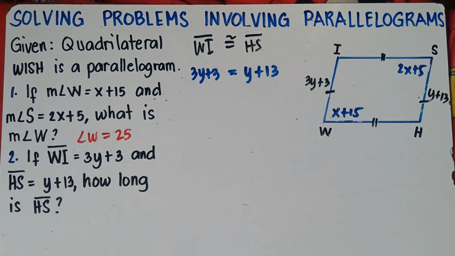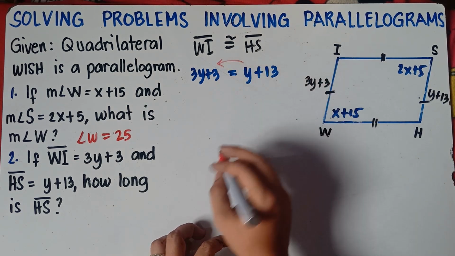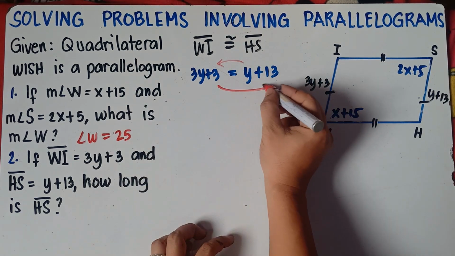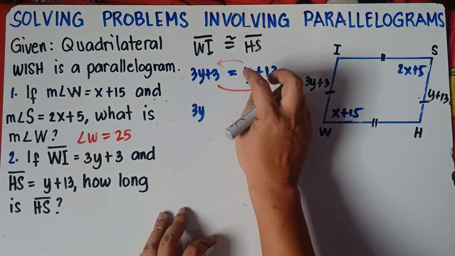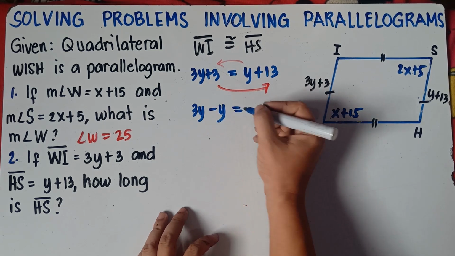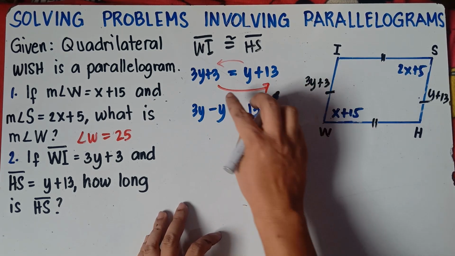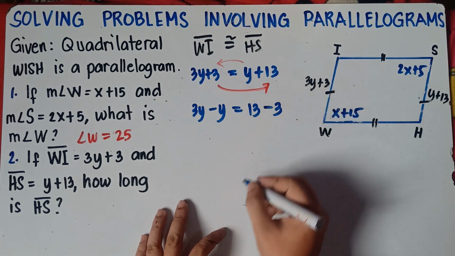To get the value of y, we simply transpose this y from right to left and this 3 from left to right. So this will be 3y. We transpose this y from right to left; it is positive y, so it becomes negative y, equals 13. We transpose this 3; it is positive 3, so it becomes negative 3.